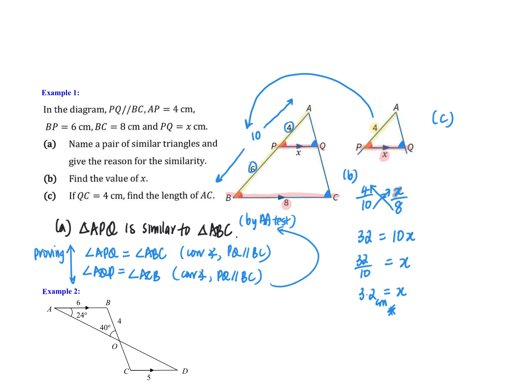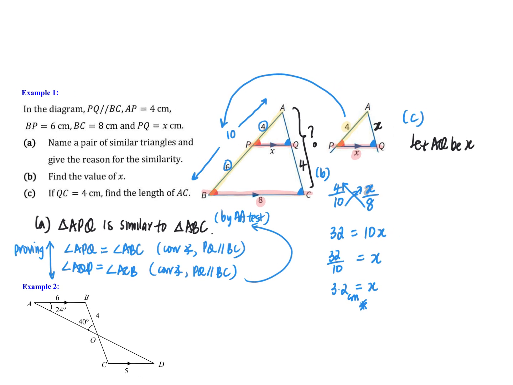Okay, part C. I want to find QC. If QC is 4 cm, find the length of the whole thing. So first thing first, we want to let AQ be X, for example. So let's say this is X. Okay? Then what is AC? What is AC?